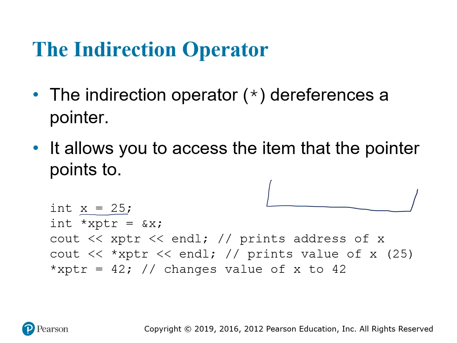So we've got our memory here. 25 gets stored in, say, 4C42. Okay. And x points here.